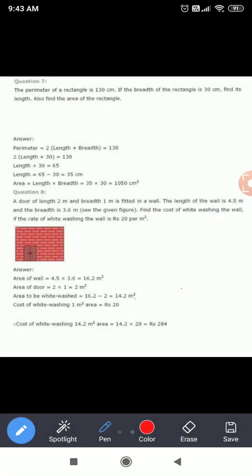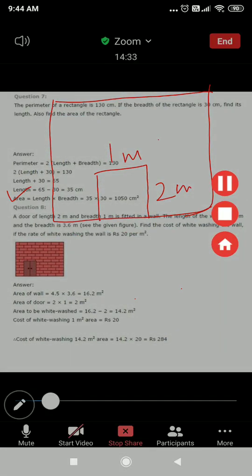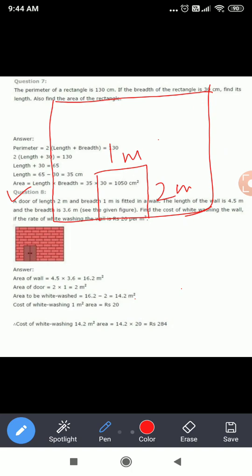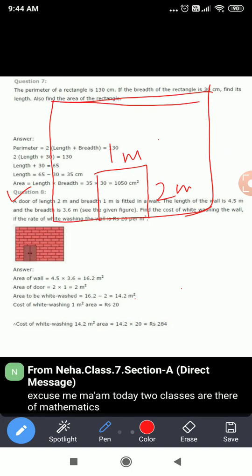Now moving towards question number 8. A door of length 2 meter and breadth 1 meter is fitted in a wall. There is a wall. In this, a door is been fitted. Its length is 2 meter and breadth is 1 meter. So there is a wall, and in that wall a door is fitted.